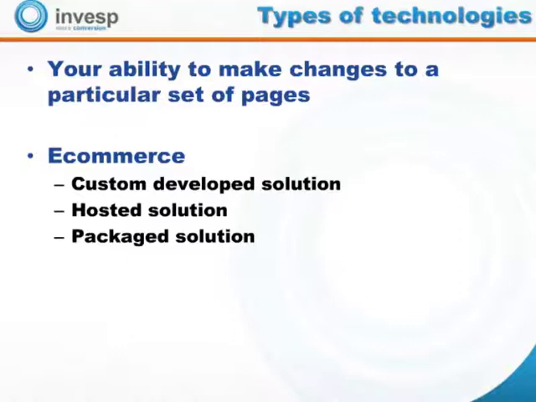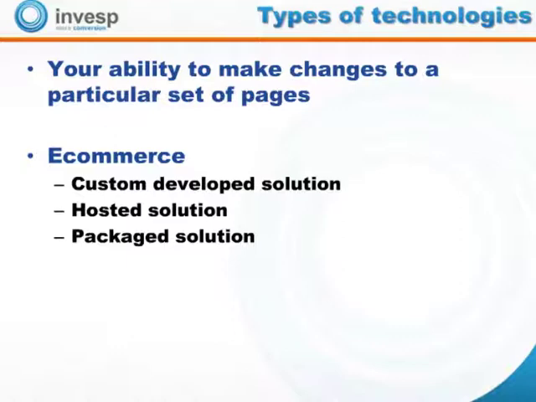You may or may not have the flexibility to make changes to the website. Or you might have, finally, a packaged solution. In the e-commerce space, there are plenty of packaged solutions. You just install them on your website, and then you're able to customize them according to your specific needs.